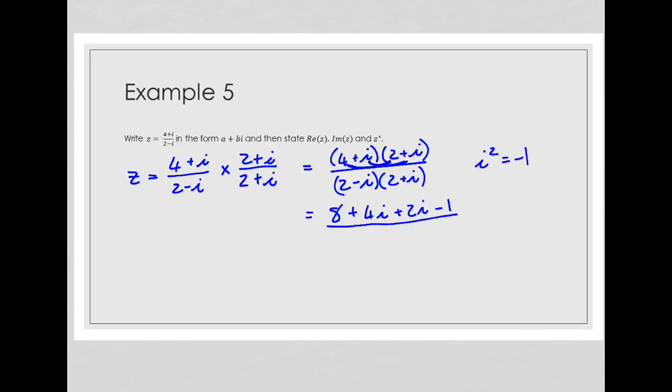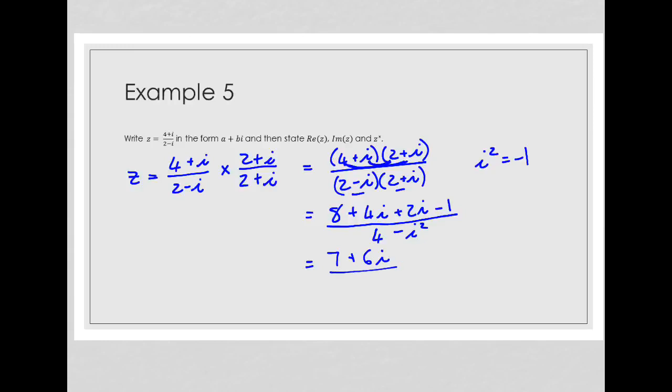This is then divided by, so in the denominator, can you see that we have a difference of two squares? So this will simplify to 4 - i squared. And if I simplify this further, in the numerator I will get 7 + 6i.